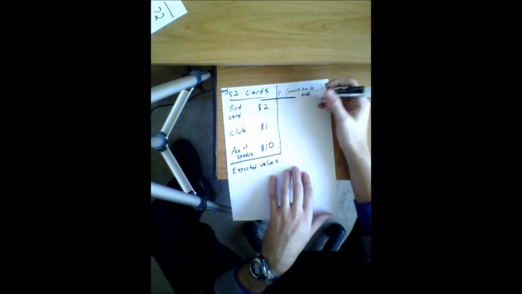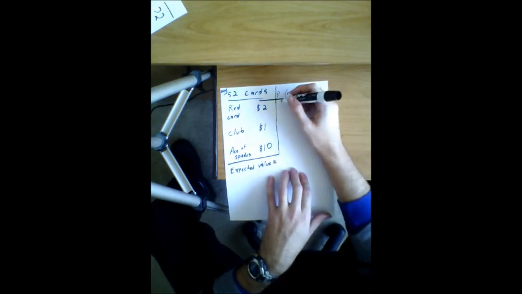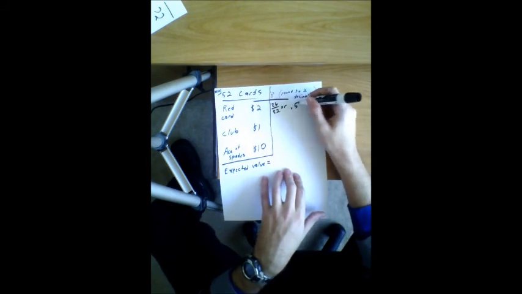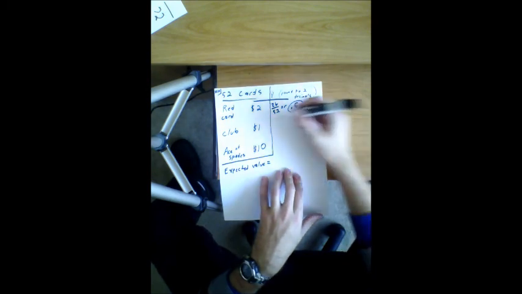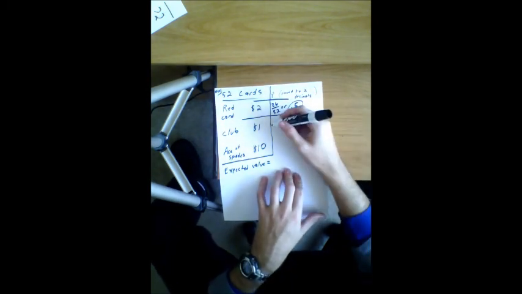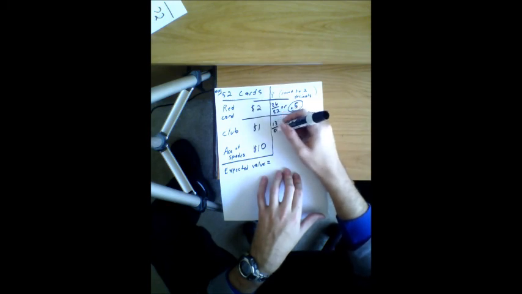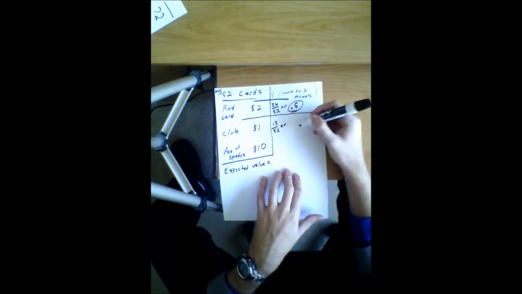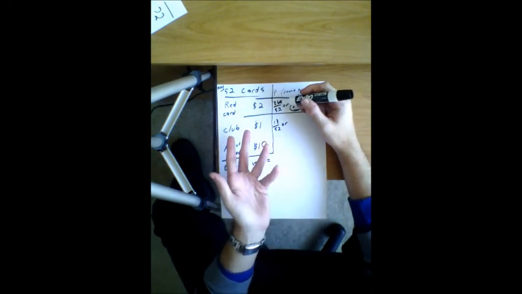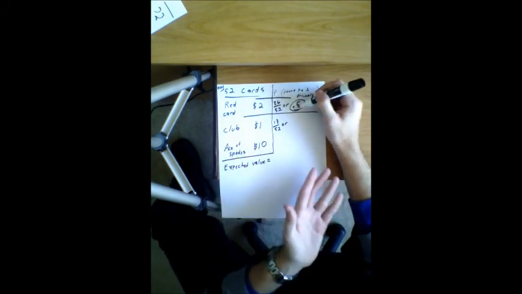So red card, we've got 26 red cards in 52. You divide that out, you get 0.5, right? The probability of getting a club, well, there are 13 clubs out of 52. Or you can do it by suits as well. There are two suits that are red, and out of 4, you get half.